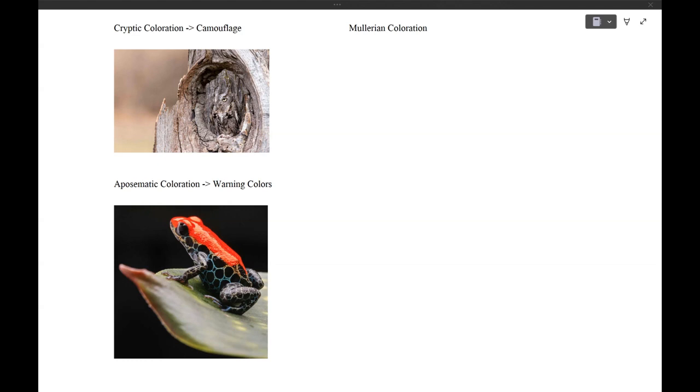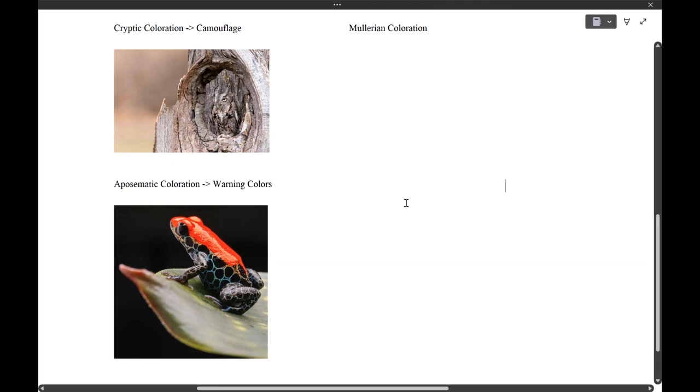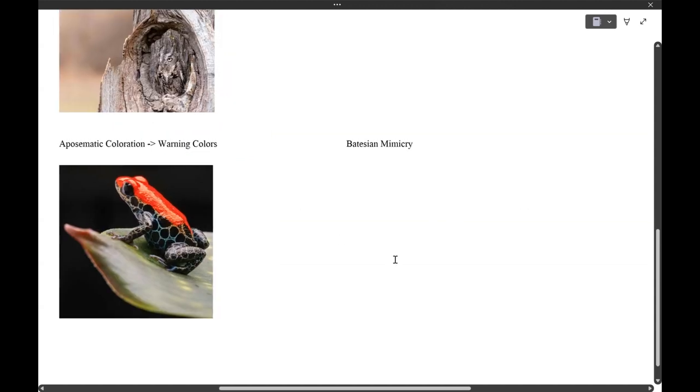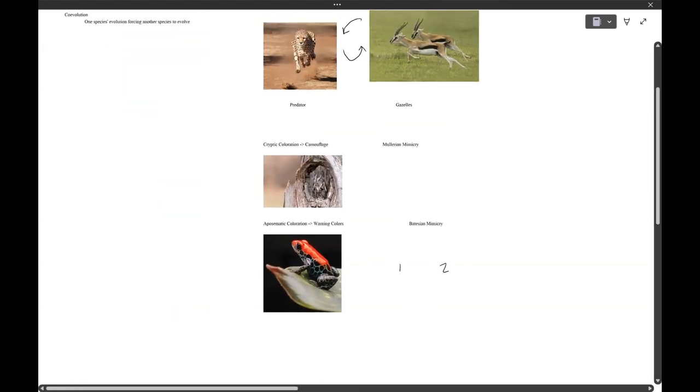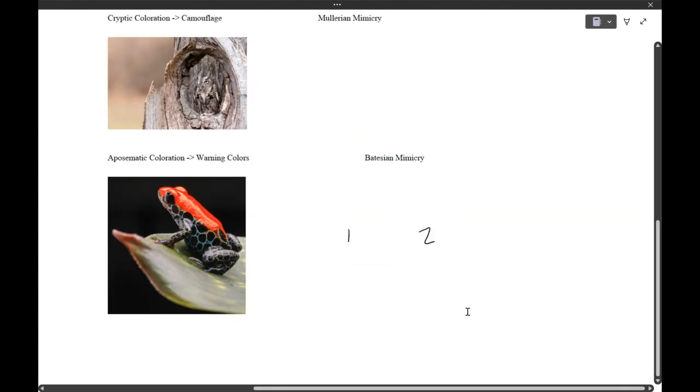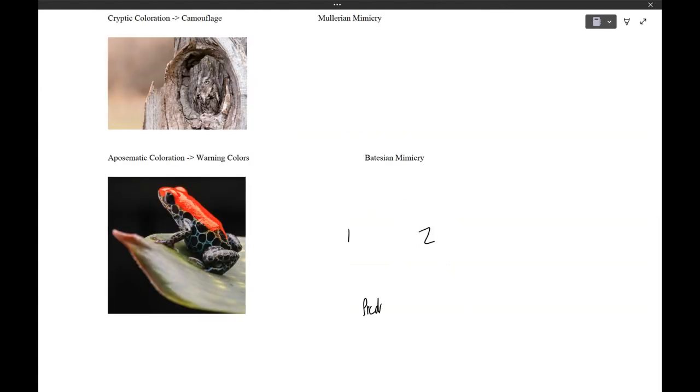And then last of all, you have Batesian mimicry. Sorry, the previous one is Mullerian coloration, not mimicry. What Batesian mimicry is, let's say you have two species, species 1 and species 2, and a predator. Let's say the predator can eat both of them.